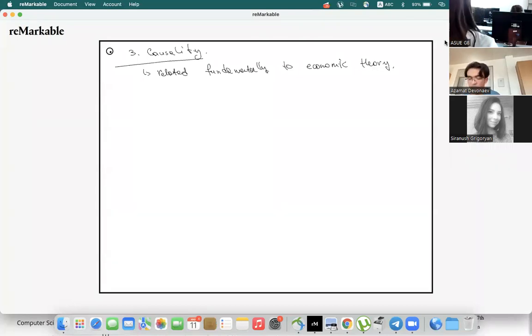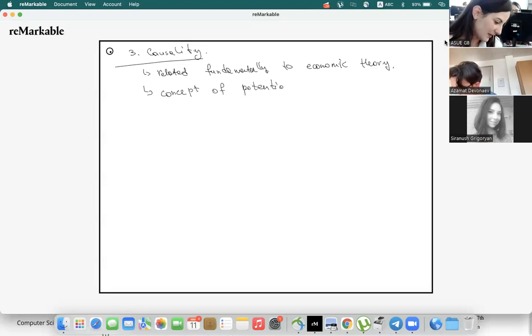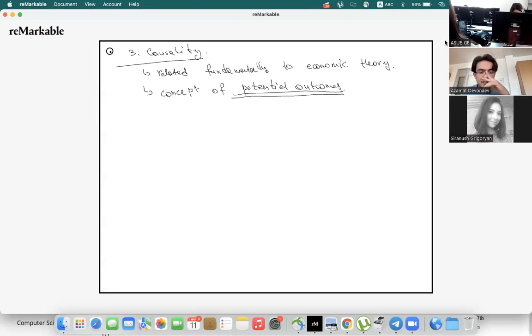Okay, the next property of causality relies on the concept of potential outcomes. It is a super important concept, and what I'm going to do right now is basically to explain it to you.